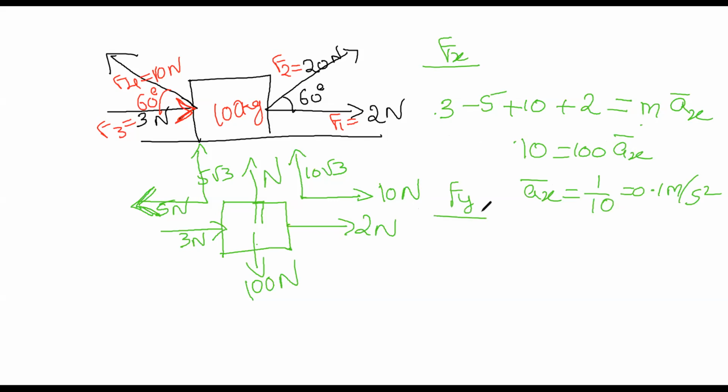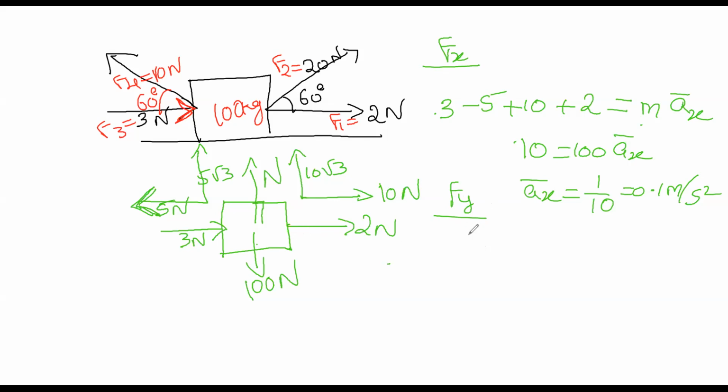Now Fy. In Fy, you are not finding acceleration. Here we are finding the normal force. Since acceleration is 0, first tell me all the forces which are downwards. Only 100 Newton is downwards, right? Means all the upward forces equal the downward forces.